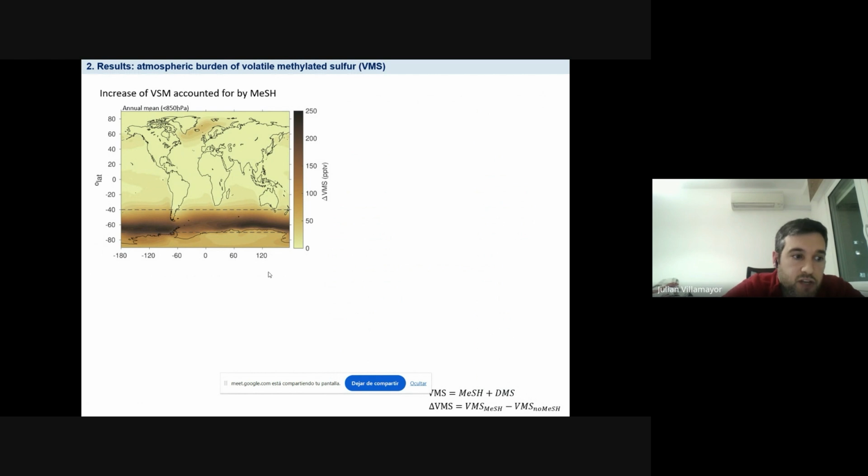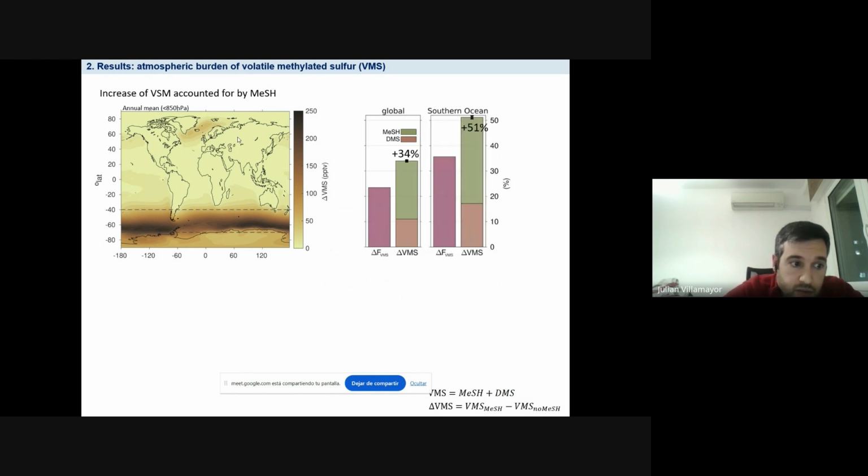The simulations revealed that adding methanethiol emissions to the model increases the budget of the total volatile methylated sulfur globally by 34%, but particularly in the Southern Ocean, where the increment is 51%.